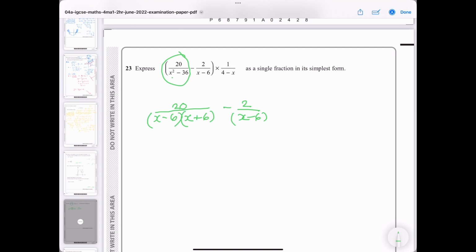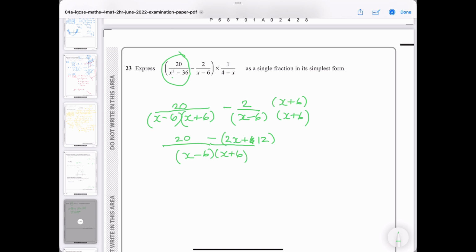So what I'm going to do for this is times both the top bit here and the bottom bit here by x plus 6. So now I know that that is 20 over x minus 6, x plus 6, and that's minus 2x plus 12.